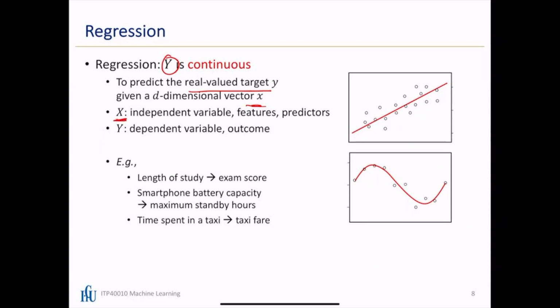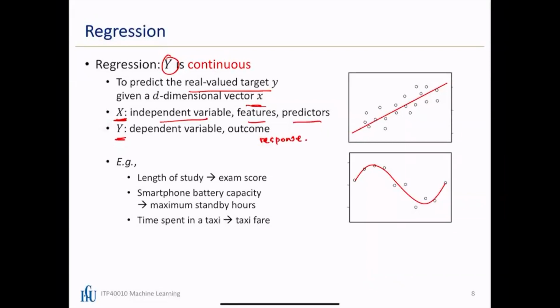X is the input, and like we discussed last time, it has multiple alias names: independent variable, feature, predictor, covariate, and so on. Y is the output value, and it also has alias names like dependent variable and outcome. Sometimes it's a response as well.